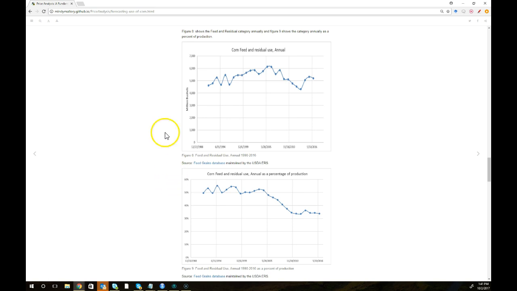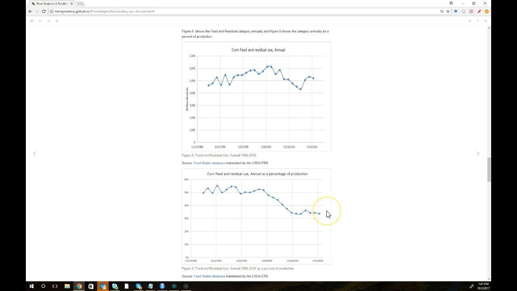And that is, levels are keeping pace and holding steady, so we're feeding about as much grain to livestock as we have been in recent history. But as we've increased production, the share going into animal feed has been decreasing over time.